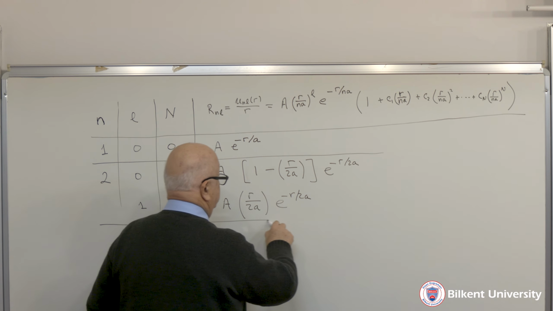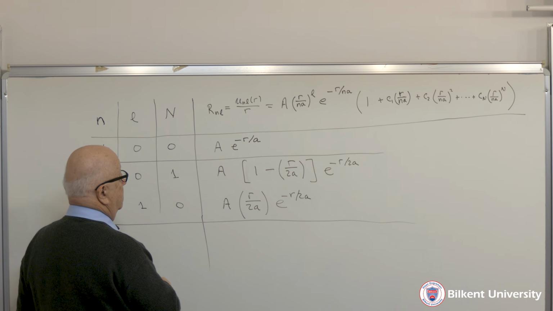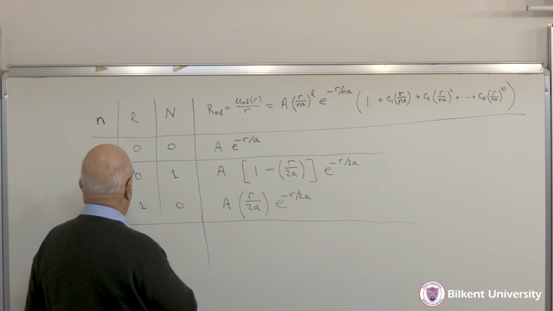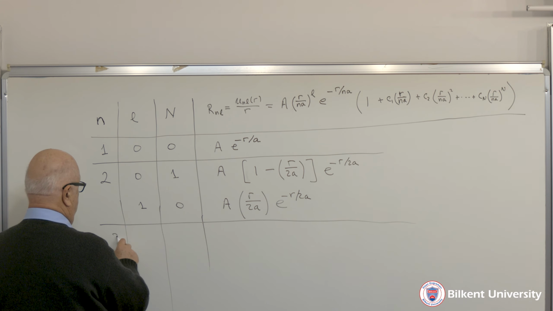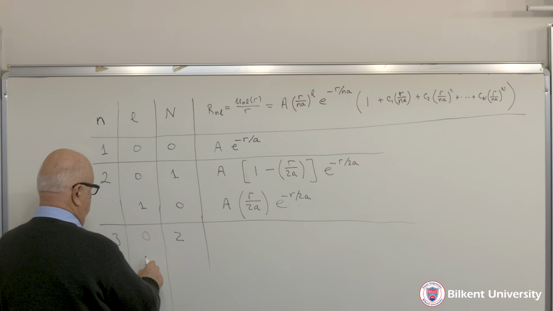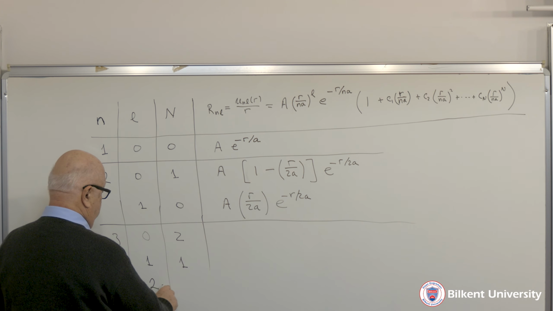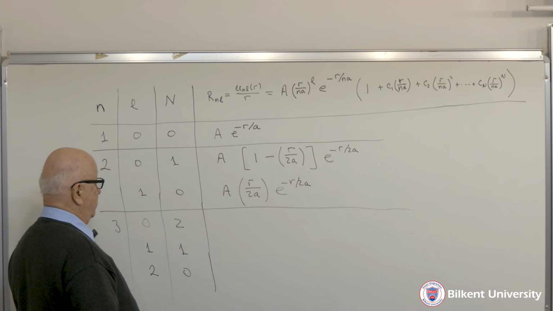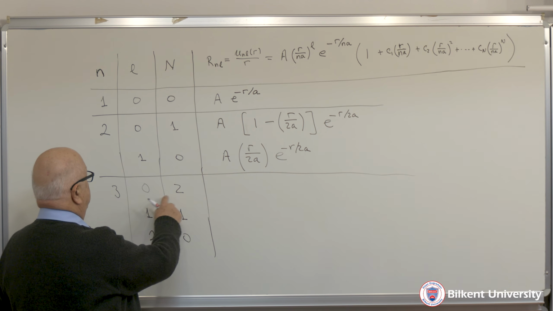Then let's just do one more. For n equal to 3, L can be 0 and n can be 2, L can be 1 and n can be 1, or L equal to 2 and n equal to 0. So those are the new possibilities. So let's see what this is.